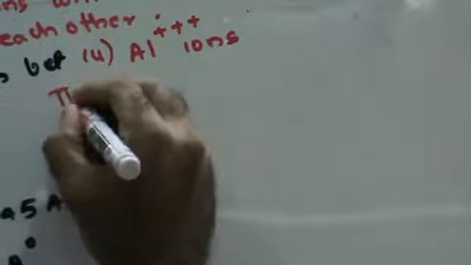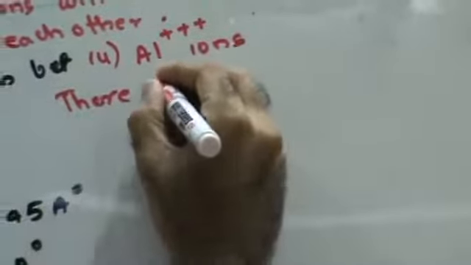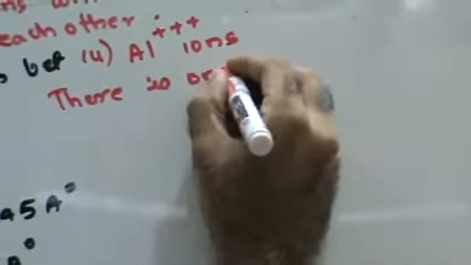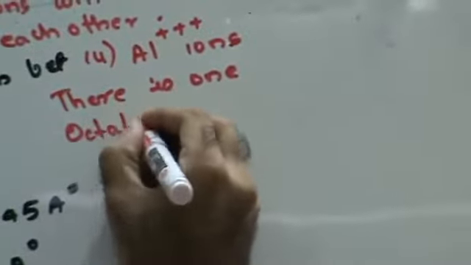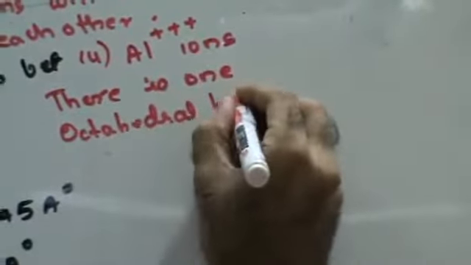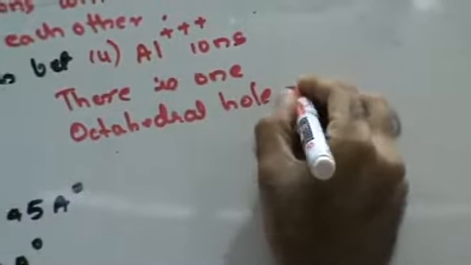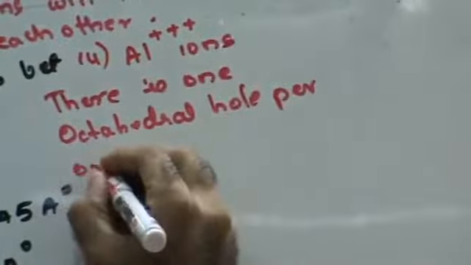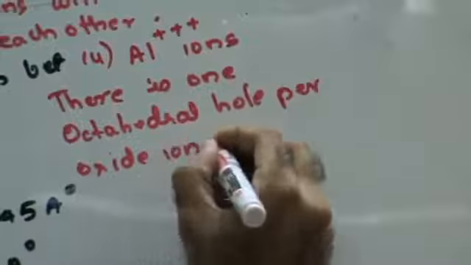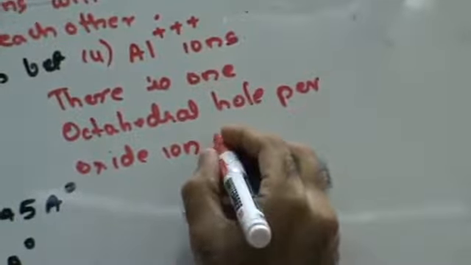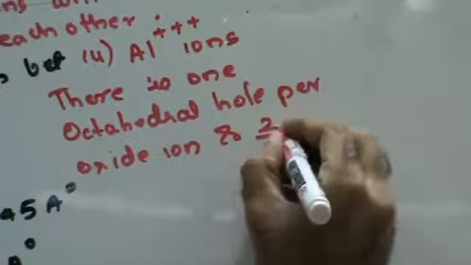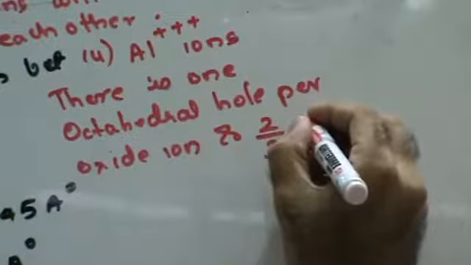What should be the formula of aluminium oxide? Now, I can say that there is one octahedral hole per oxide ion. There is only one octahedral hole per oxide ion, and they are saying that 2/3 of these holes are occupied.